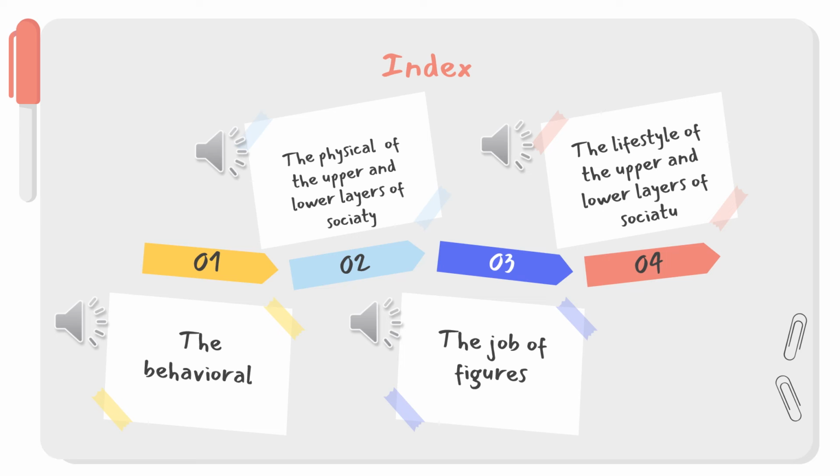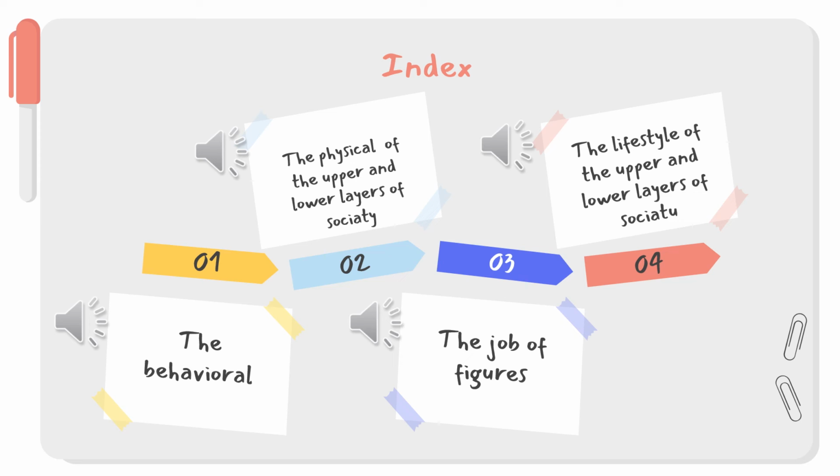Index. The first index is the behavioral index. The behavior of the characters in these films includes being full of worry, high-spirited, simple-minded, considerate, stubborn, idealistic, greedy, believing in the supernatural, and arrogant.